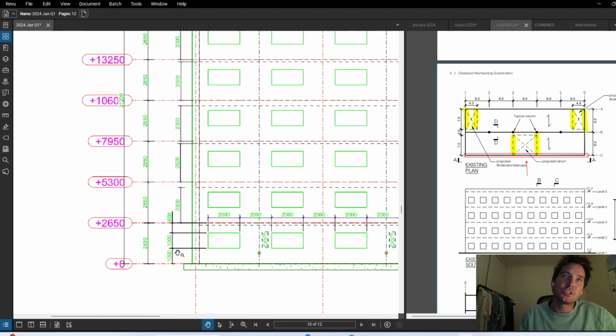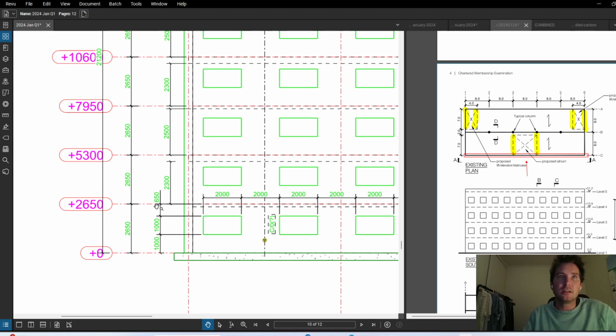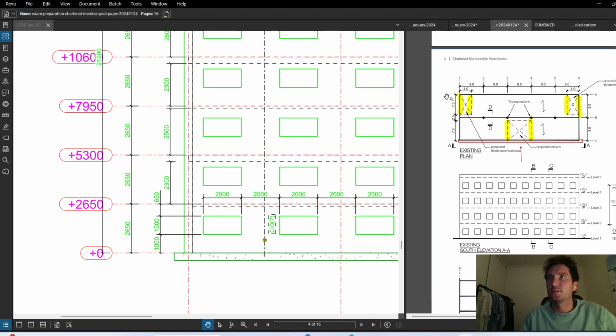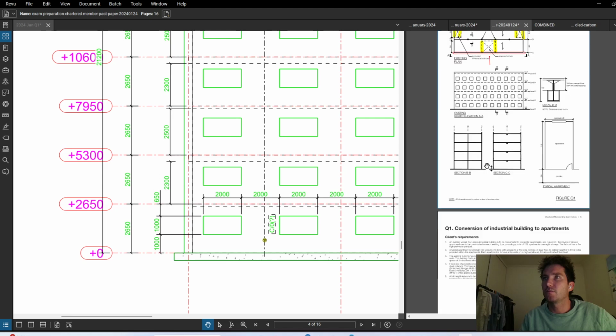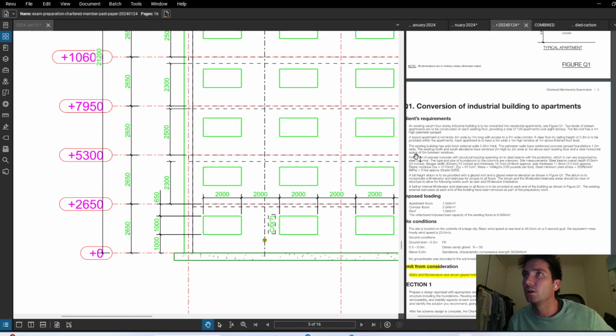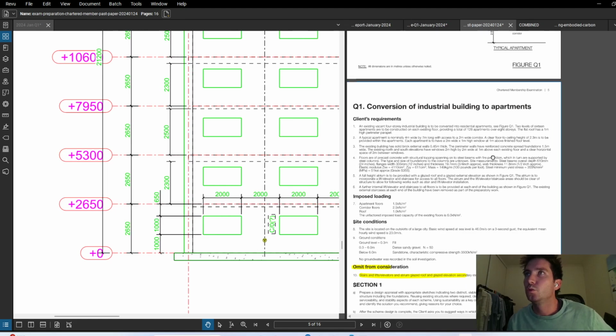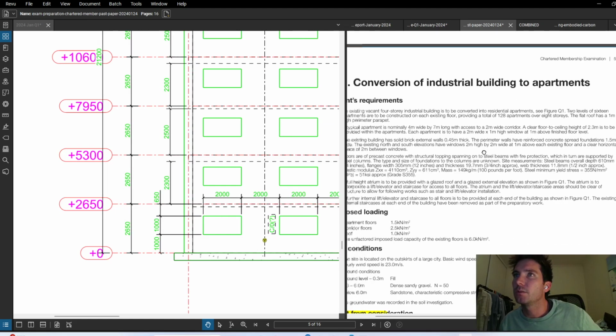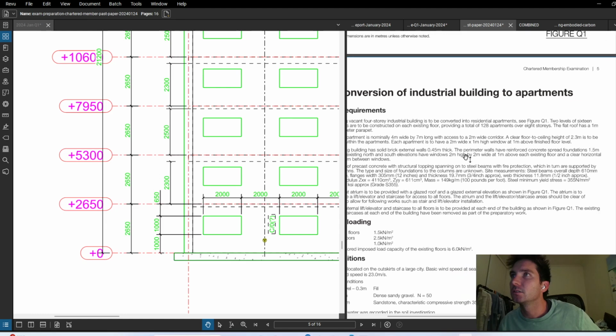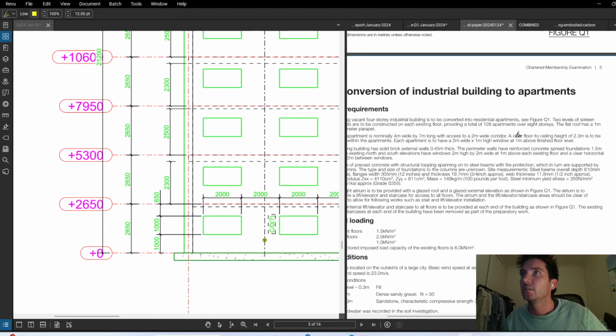And then again here, I've just shown the minimum height requirement, if I'm not mistaken, 2.3 meters or thereabouts, a clear floor to ceiling height requirement of 2.3 meters. So obviously that's pretty important.